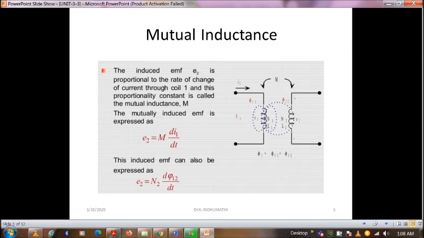So first, because of the varying current in coil 1, an EMF in coil 2 is produced, and this induced EMF E2 is proportional to the rate of change of current in coil 1, with a proportionality constant called mutual inductance. It can be expressed mathematically as E2 is equal to M into di1 by dt. This induced EMF can also be expressed as E2 is equal to N2 into d phi12 by dt.